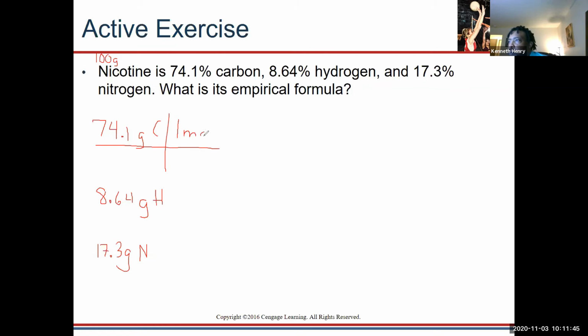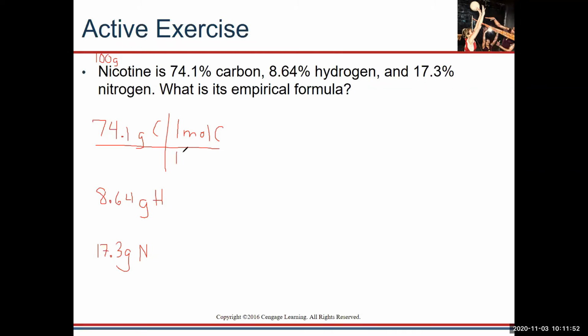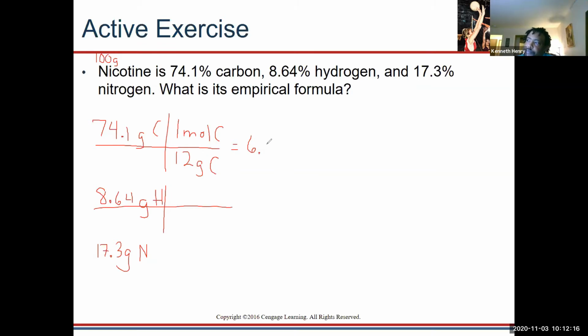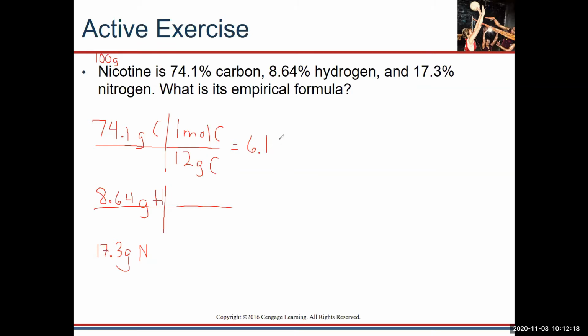Molar mass of carbon, 12. How many sig figs? 3.